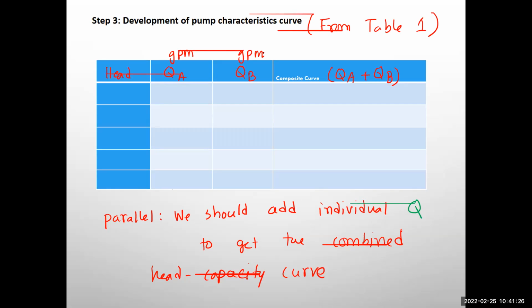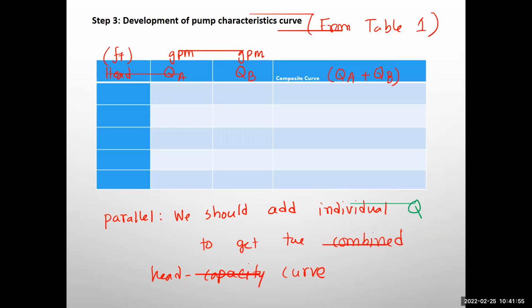GPM, feet. So we have 9 minutes. Within these 9 minutes, I want you to find the composite curve, plot that, and find the operating point. Okay, and if you do all the calculation properly, you should get operating point Q something around 2000 and H something around 140 feet.